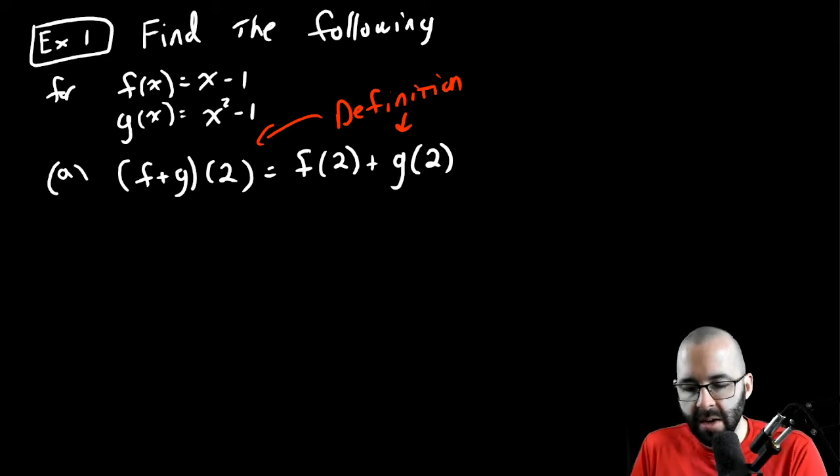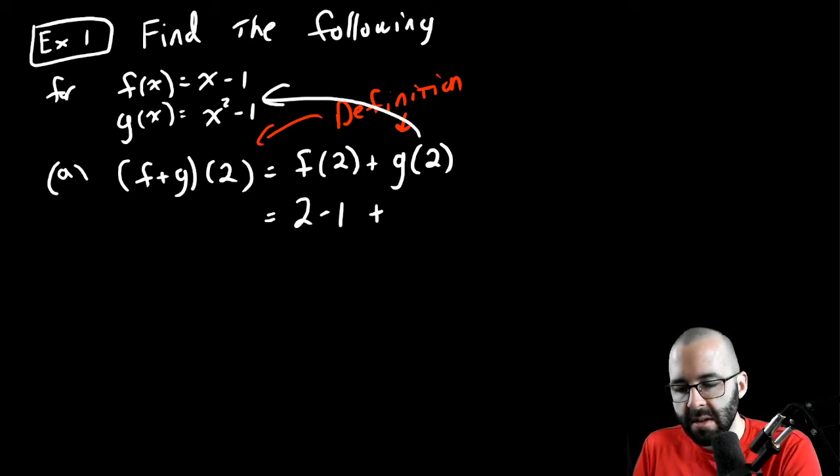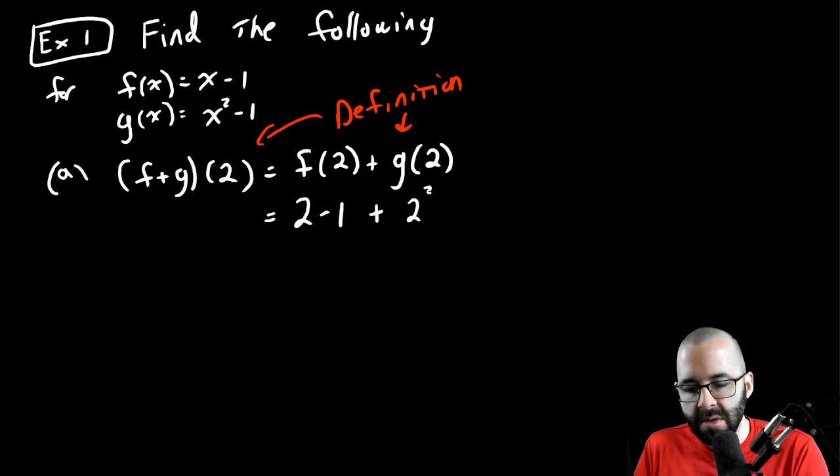And then once we get here, well, we can evaluate these functions like before. f of 2 means you plug in 2 into the function f. So f of 2 is going to be 2 minus 1. And g of 2 is going to be, we'll plug that into g. g of 2 is going to be 2 squared minus 1.